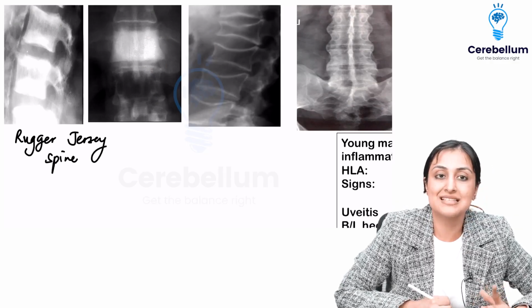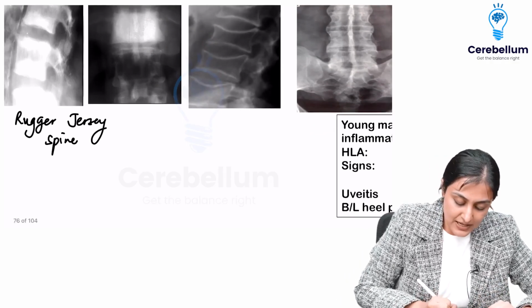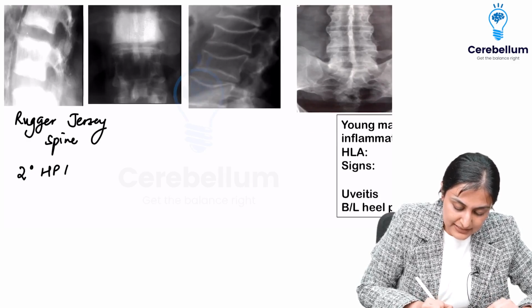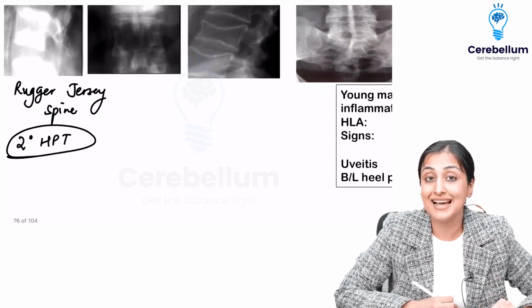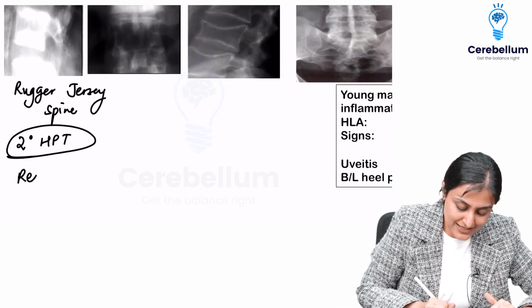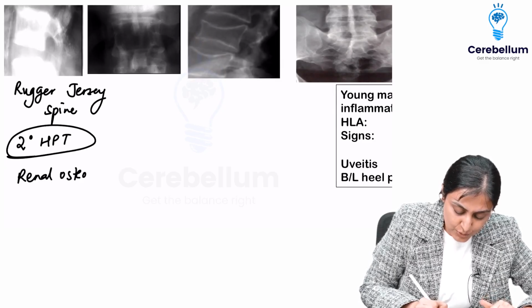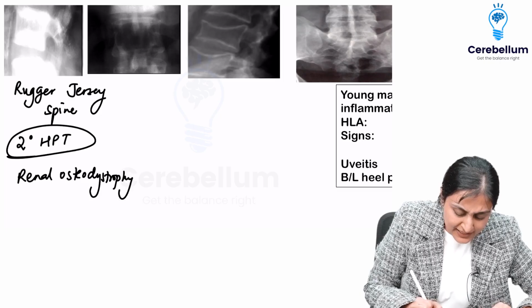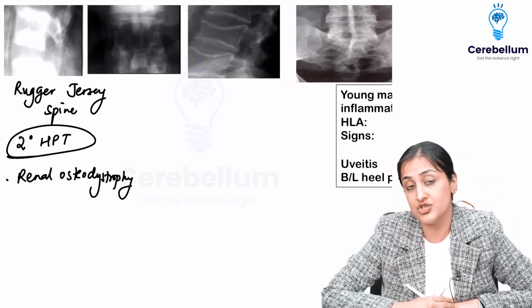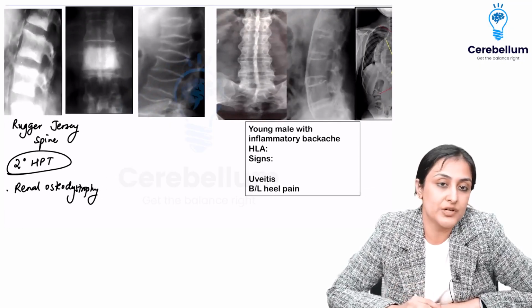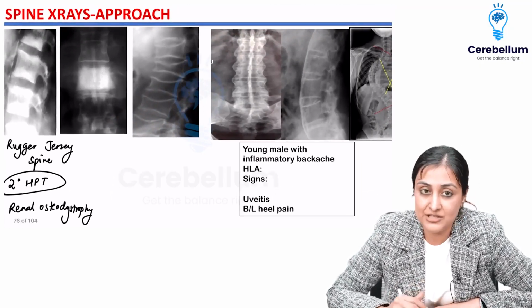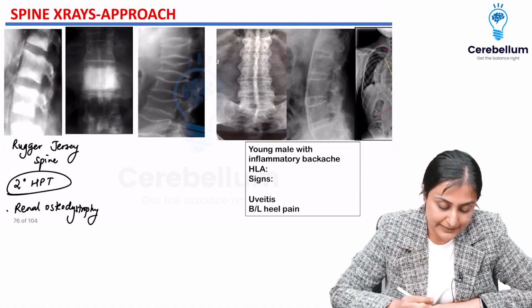These alternating sclerotic and lytic bands are what you see in secondary hyperparathyroidism. So this is a feature of secondary hyperparathyroidism, also called renal osteodystrophy. Why and how and what are the metabolic changes, I've taught you in the renal system of BTR. So that is what is CKD related spine changes, Rugger-Jersey spine.